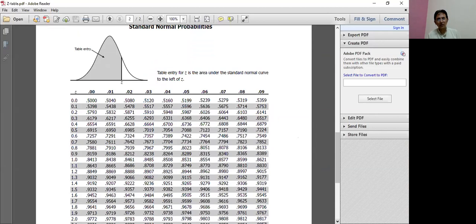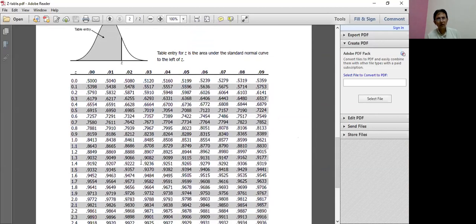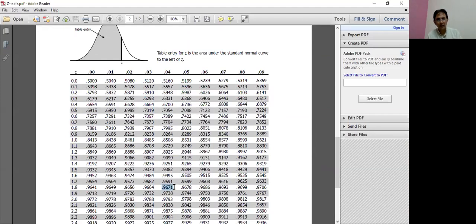1.8 in the first column and the fifth column. If you see here 1.84, it means 0.9671. 0.9671 is written. If you see 1.84, it is 0.9671. So we write the result from the z table.